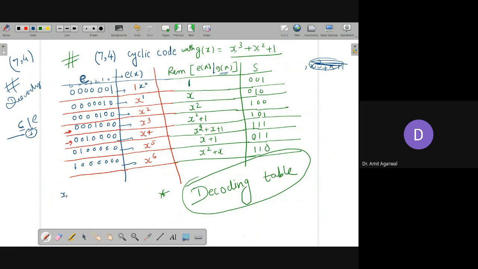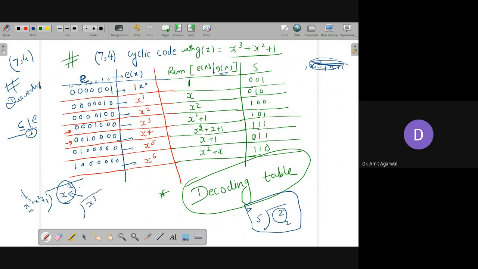For example, let us divide for x square. x square has a degree less than 3, so its remainder is x square only, because 5 divided by 2, the remainder is 2 only, something like that. You can remember it with this analogy. So this is the remainder only, right? There is no point in dividing.